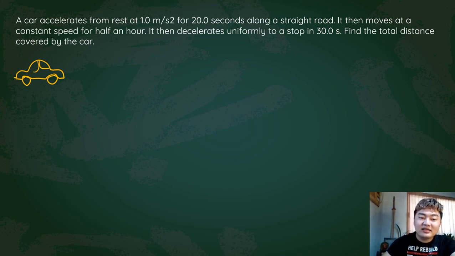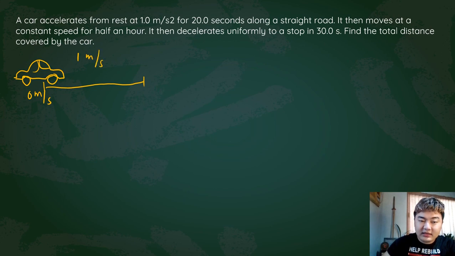So that car starts from rest, so the velocity at this point is 0 meters per second. And then for 20 seconds, it accelerates from this position at 1.0 meter per second squared.